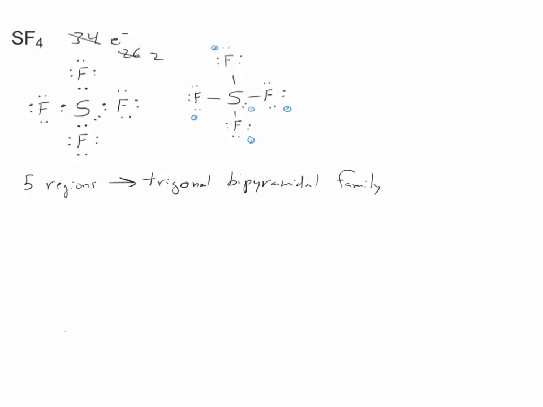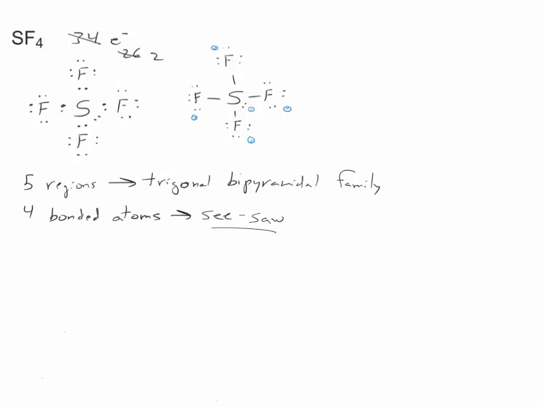How many bonded atoms? 1, 2, 3, 4. 4 bonded atoms. So we have 5 regions and 4 bonded atoms. And what's that tell us? That tells us our shape is the seesaw shape.